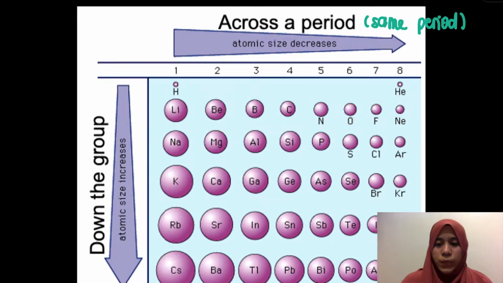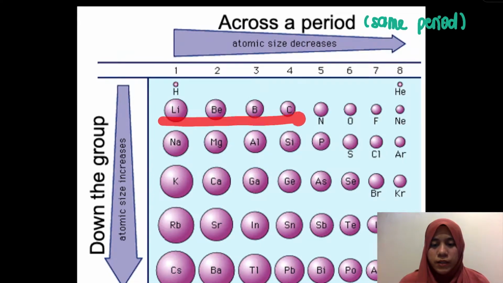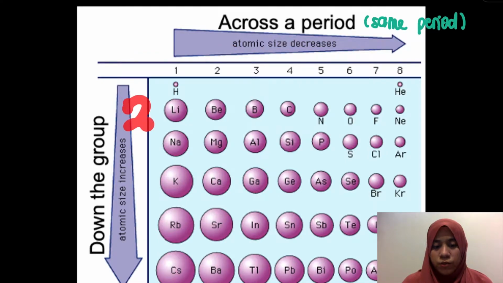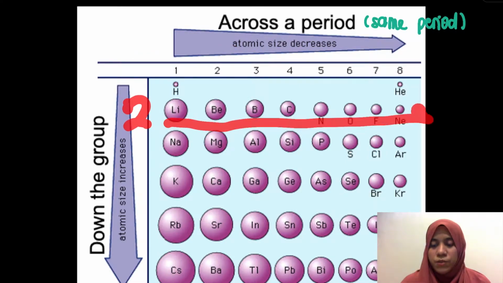As you can see here, the size decreases. Sometimes it is defined as atomic radii, sometimes as atomic size, so it's fine either way you want to use. So here is the example of our atomic size across a period. As you can see, the atomic size decreases. So on period 2, we can see that it becomes smaller over time.